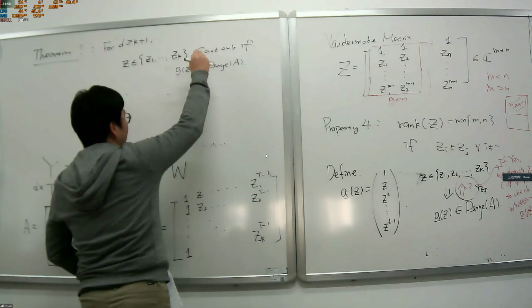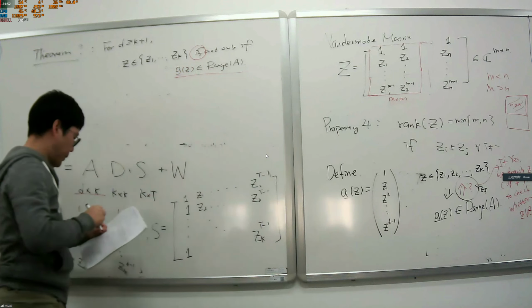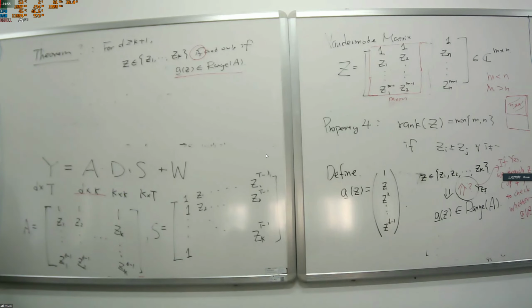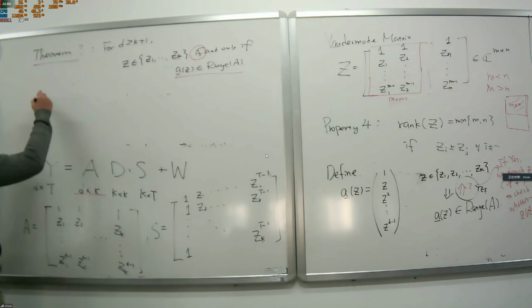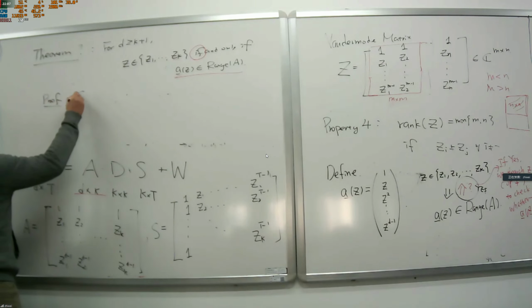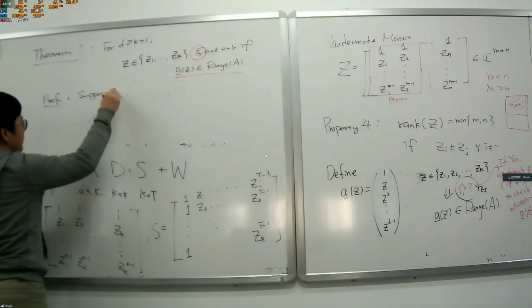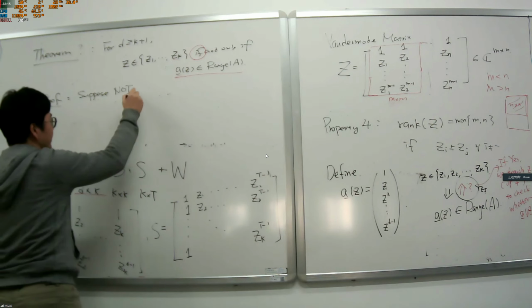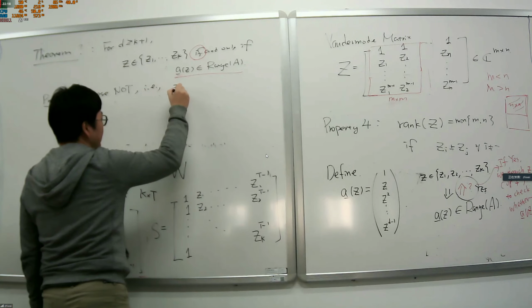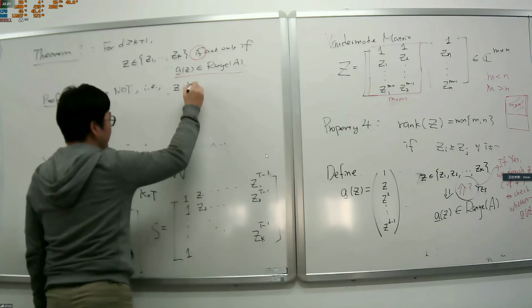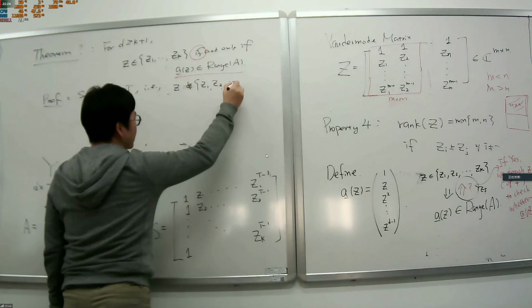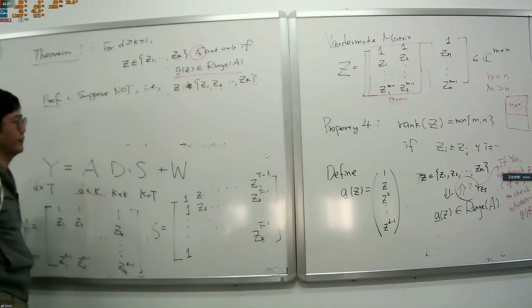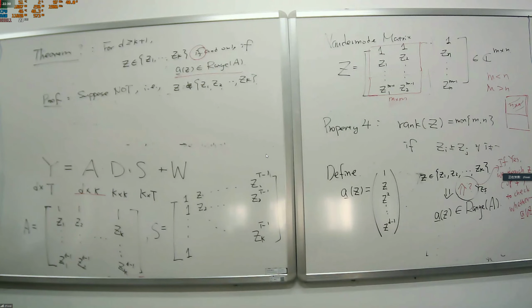So let's see the other part. If AZ is in the range space of A, then Z must be one of Z1 to ZK. Suppose not. Suppose not means that Z is not one of Z1, Z2 to ZK.